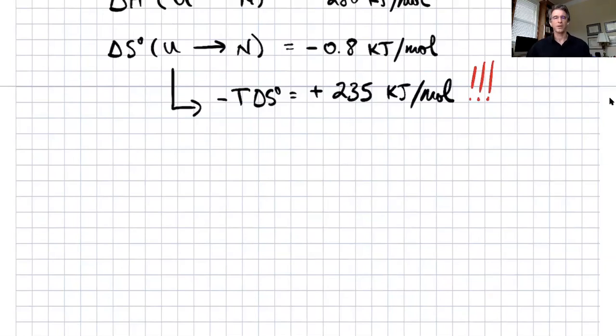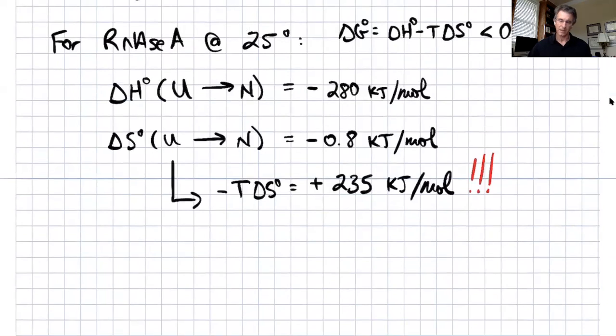The entropy change, the folding of the polypeptide, is negative, which means minus T delta S is largely positive, which means in the sum of the Gibbs work function, the entropy change is opposing folding, and by a lot, right? That's a big oppositional contribution to the spontaneity condition we need, which is the Gibbs free energy being less than 0.